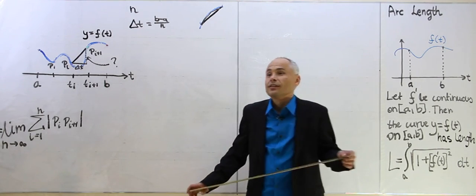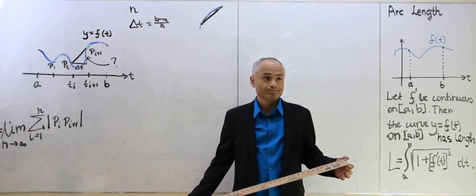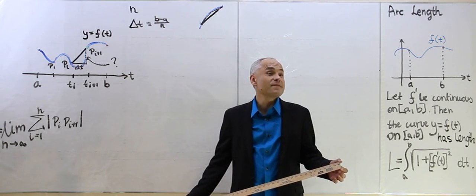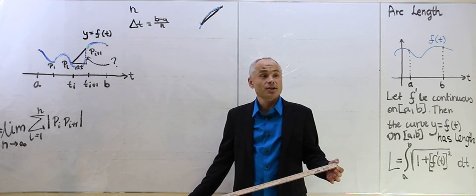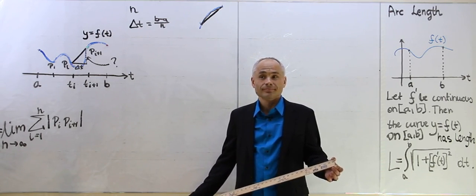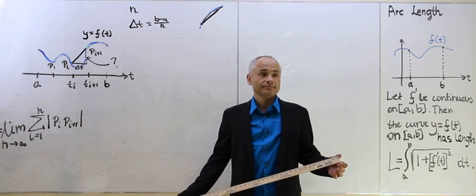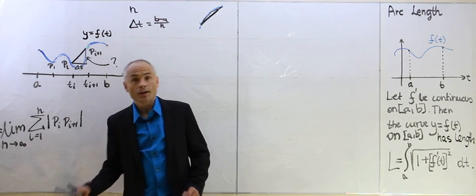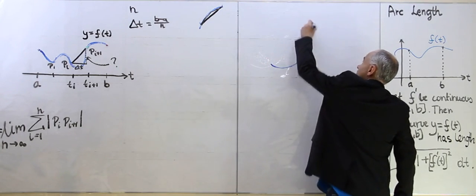And here is where some theorems from Calculus 1 are quite useful. Well, we'll use the mean value theorem in order to get that slope. Does anybody remember the mean value theorem? Let me remind you what the mean value theorem states.